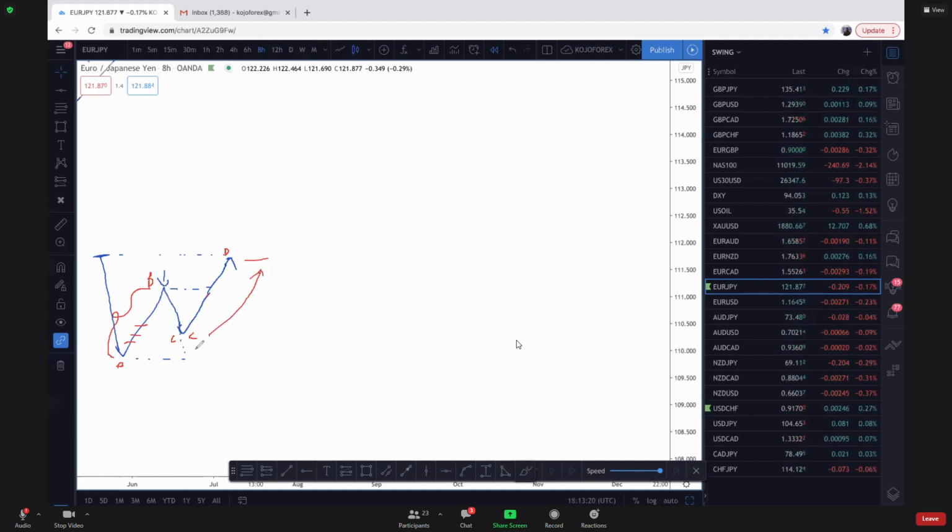But if I say buy Euro JPY from A, you hold it to B, the next week again I say buy Euro JPY from C, you caught the beginning of the trend, right? Point A is the beginning of the trend, which also here was a swing point.